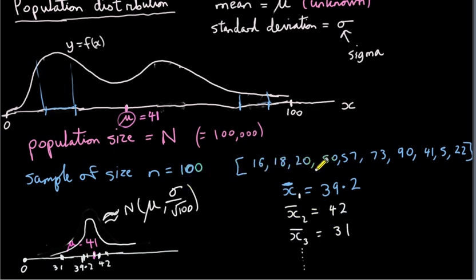So this would be a sample of size 100. I'd have 100 values divided by 100 to get each of these. That should make intuitive sense. The bigger our sample size, the better we should be able to estimate our unknown mean.